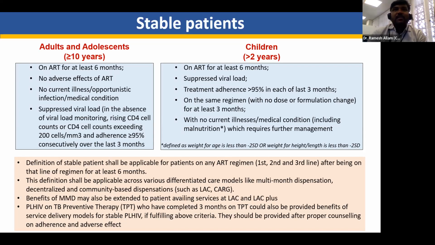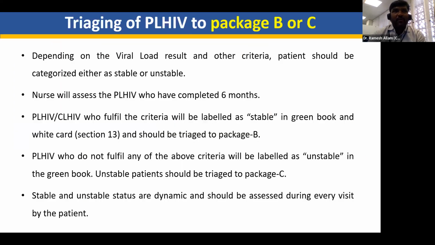So all these stable patients only will be mostly eligible for any differentiated sort of care, but they will be given patient-centric care depending upon whether they are stable or unstable.